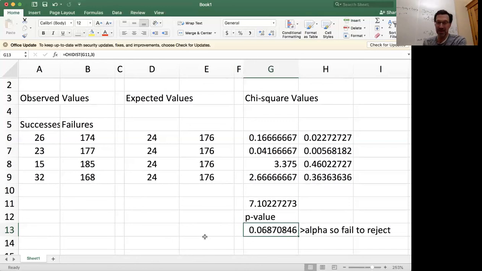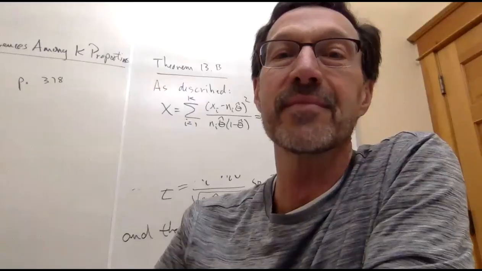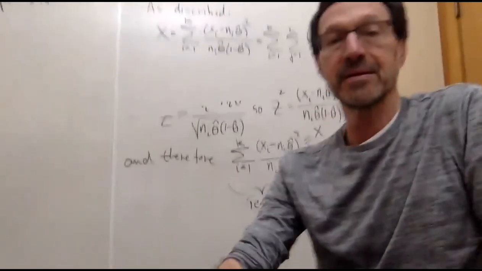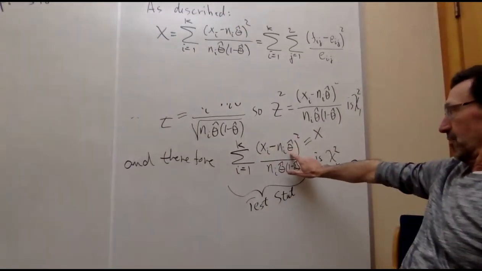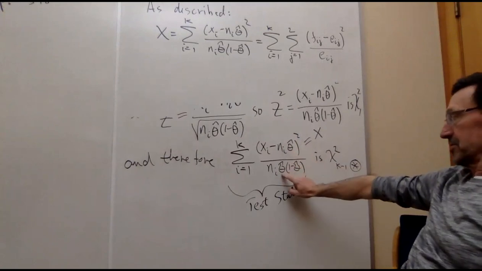So I promised I would tell you the difference. If we have a specified value of theta 0, and all of the populations have this value of theta, then we're going to use theta 0 in our test statistic. We're not going to use theta hat. We're going to use theta 0 there, there, and there. Let me stop sharing my screen, and you'll see where. So we'll use theta 0 here, and there, and there.